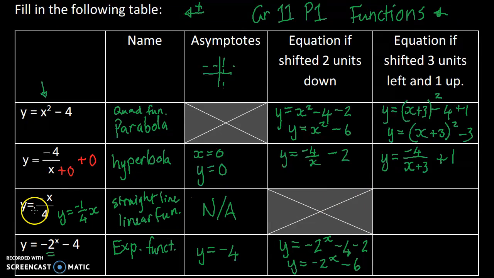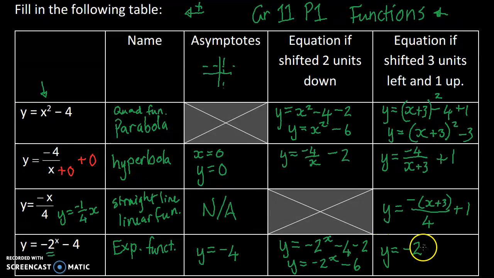The next one, we're going to shift it 3 units left, so we take our x value, and we shift it 3 units left, and then 1 unit up. And the last one, I'm sure you can predict this now, we're shifting it 3 units left and 1 unit up.